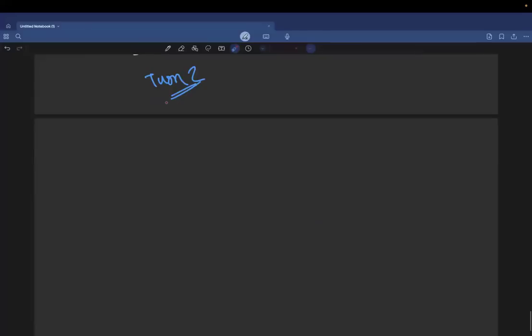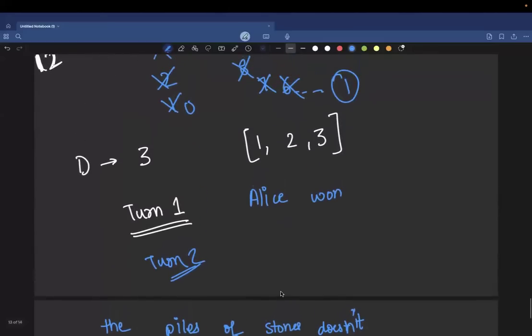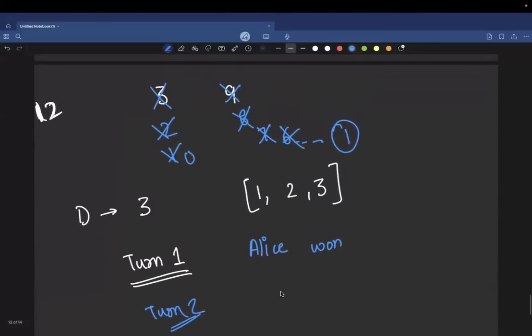So guys, does it make sense that the piles of stones don't matter? The number of stones also doesn't matter. All that matters is who removed the last stone.